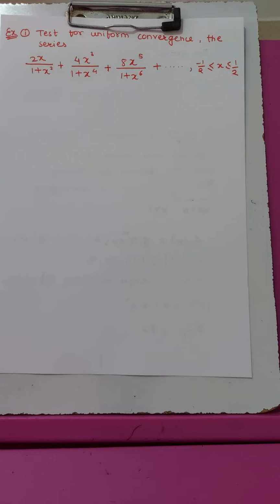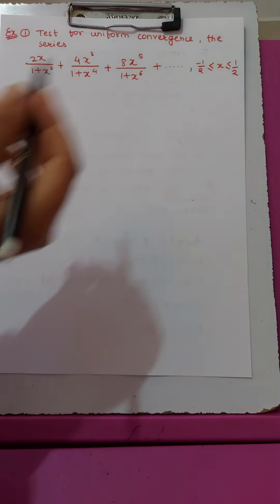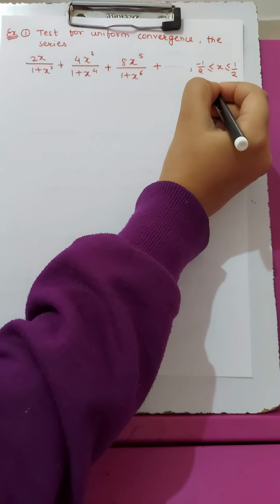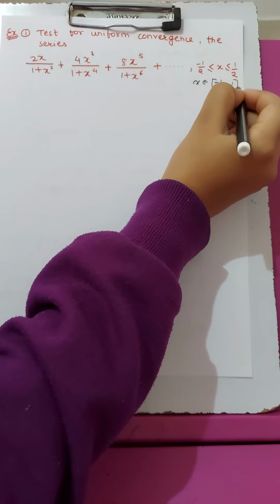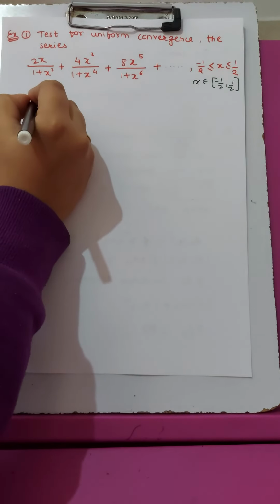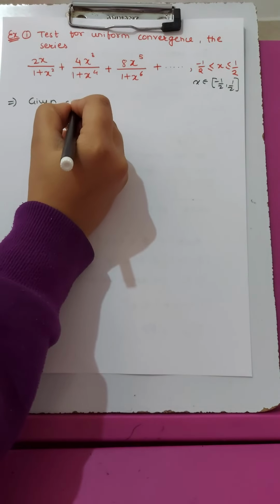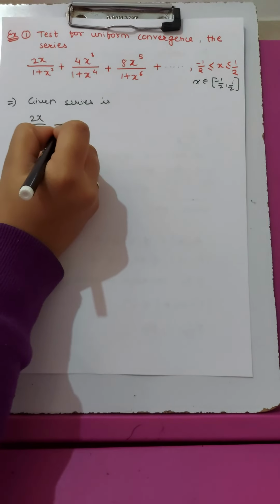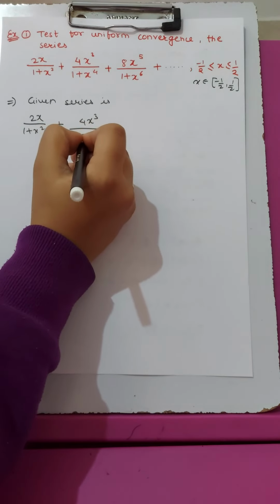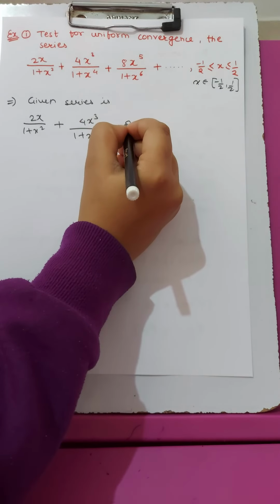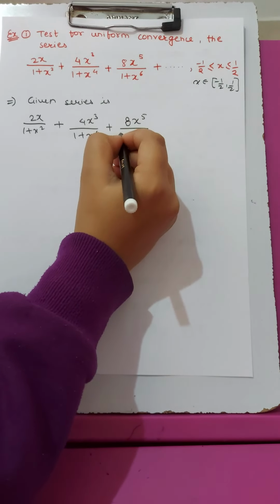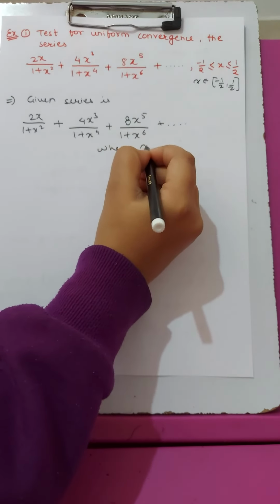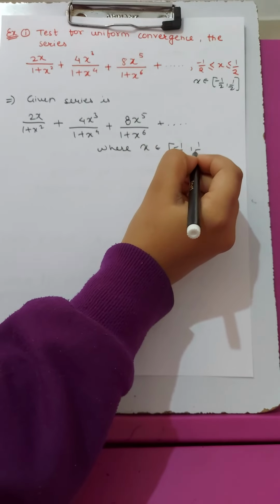We have to test the uniform convergence of the given series where x belongs to the closed interval minus 1 by 2 to 1 by 2. So here the given series is twice x upon 1 plus x square plus 4x cube upon 1 plus x to the power 4 plus 8x to the power 5 upon 1 plus x to the power 6, and so on, where x belongs to minus 1 by 2 to 1 by 2.